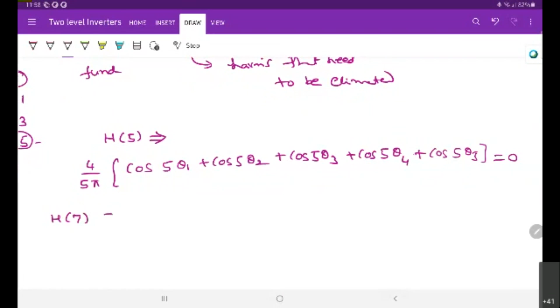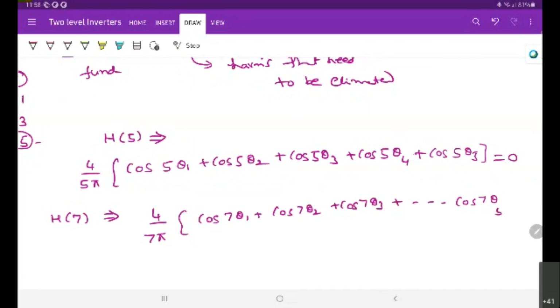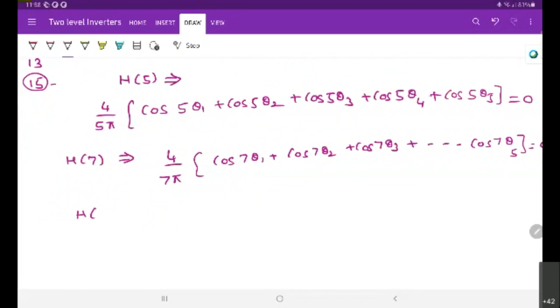Similarly, we want to eliminate H7, so the H7 coefficient also we need to make 0. That is 4 by 7 pi, so we get cos 7 theta 1, cos 7 theta 2, cos 7 theta 3, and so on, up to cos 7 theta 5, and this is also equal to 0. Similarly for H11 and H13: 4 by 11 pi, and 4 by 13 pi.